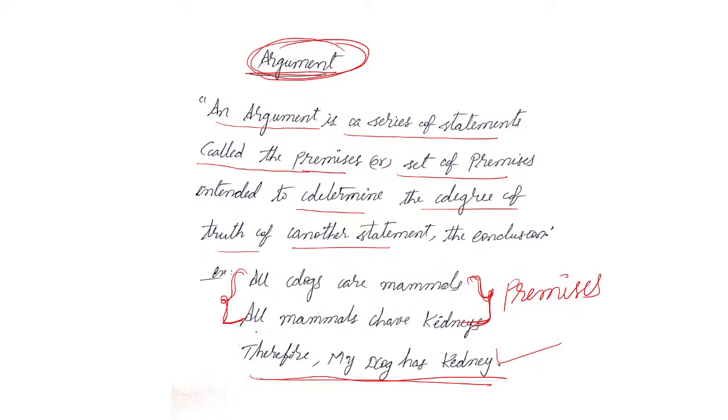Based on these two premises we are drawing a conclusion. Because a dog is also a mammal, my dog has a kidney. These are called arguments or premises and conclusion.